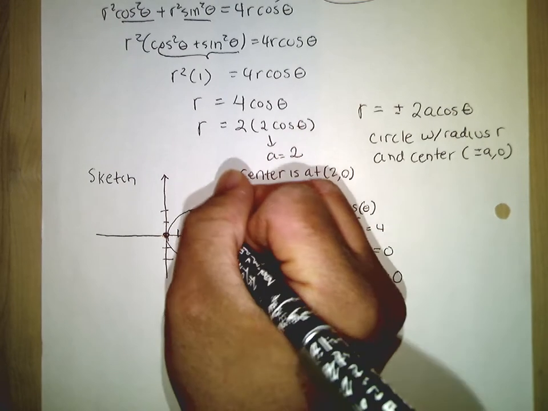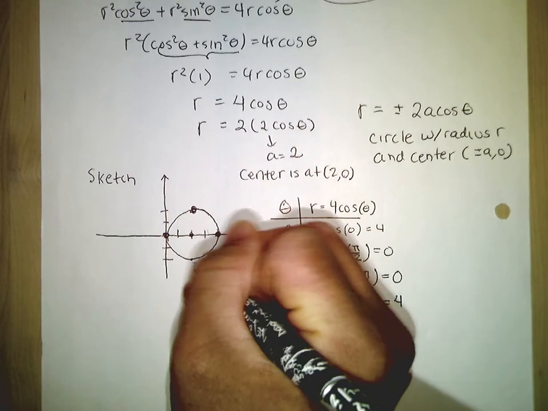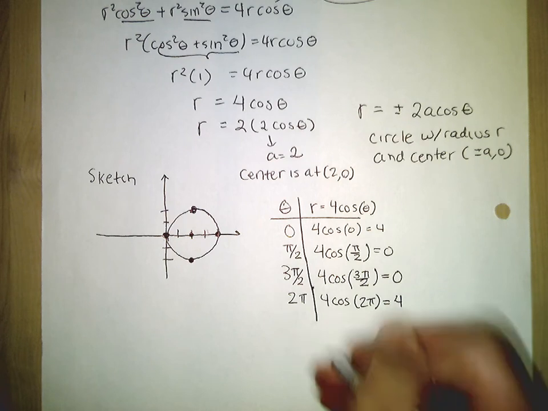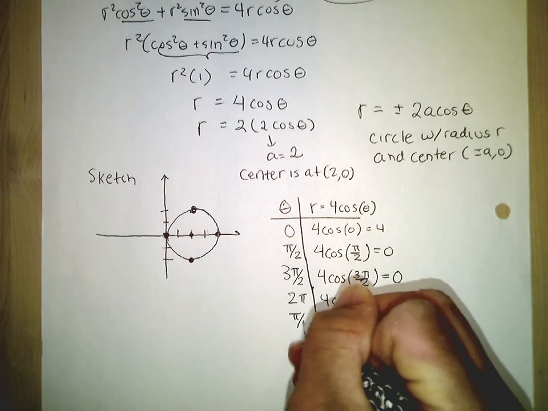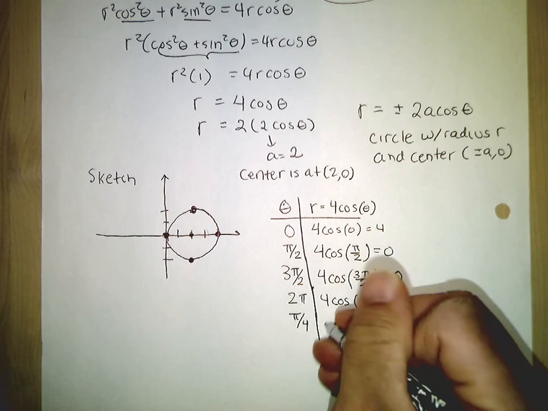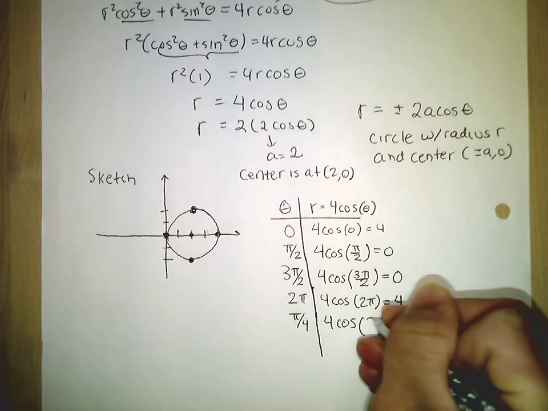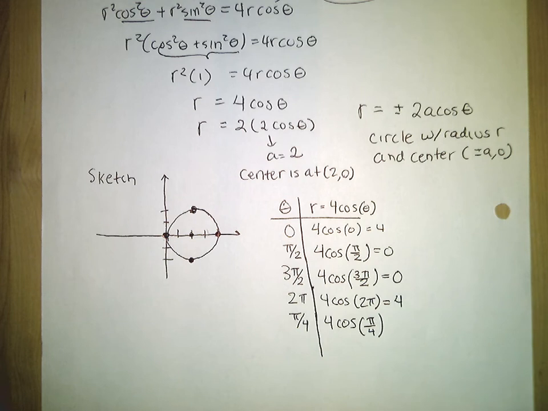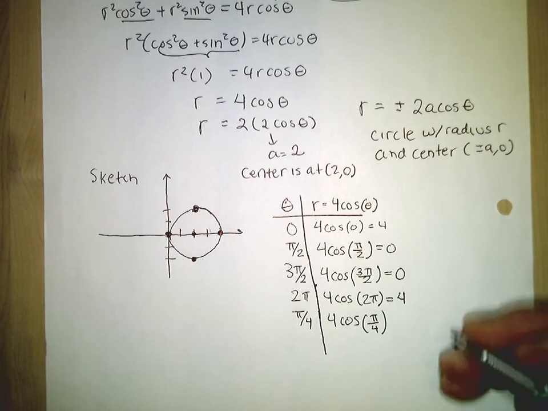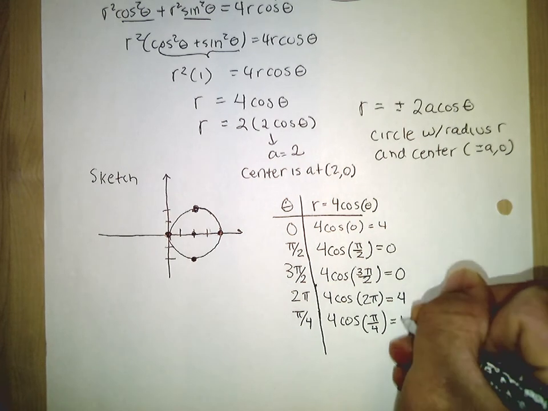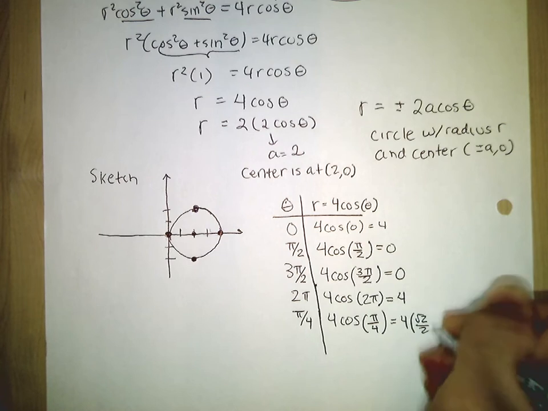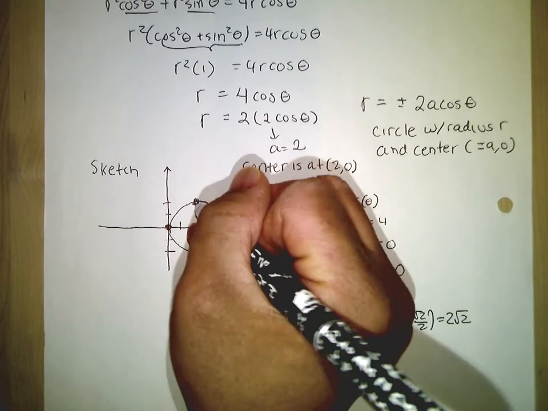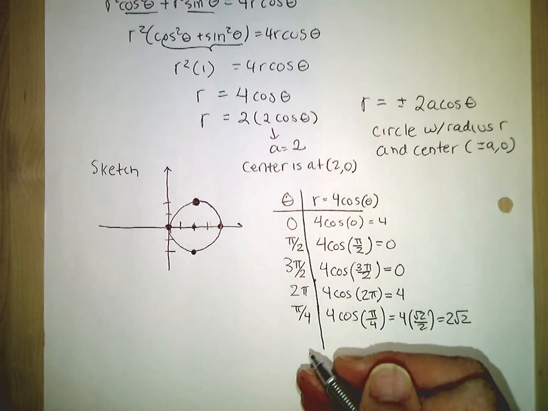All right, so if you wanted to get this point, what's something that you could pick? Well, you could have picked something like pi over 4. So 4 cosine of pi over 4 will be 4 times root 2 over 2, or 2 root 2. So that will be this point right here.